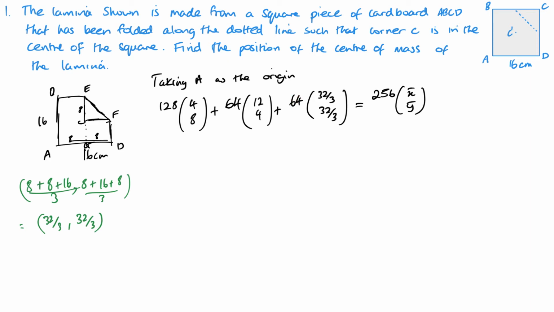And I could check that because when I added 128, 64 and 32, it didn't total my 16 by 16, which is my original area here. So when this is double thickness, it should still be the same area. And that should make kind of logical sense. Now you know what to do from here.